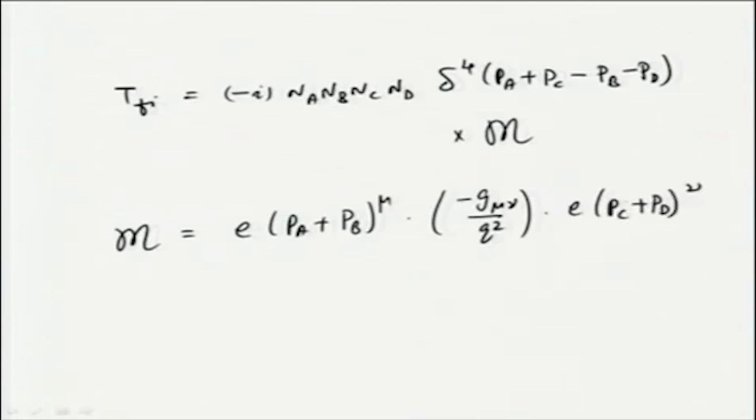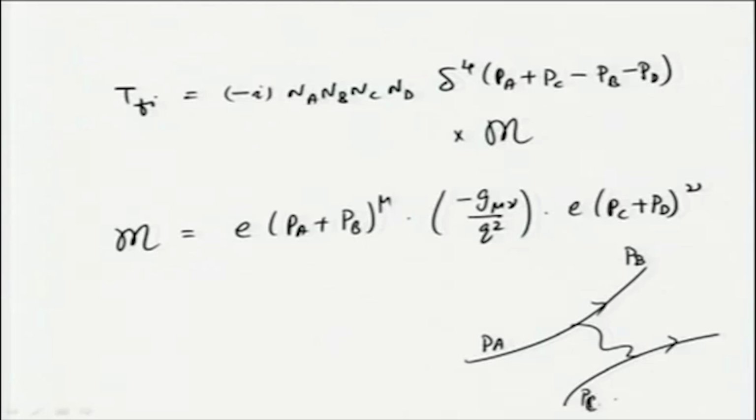Let us stare at it for some time. What is this? This is the transition amplitude for a particular interaction, given by a particle with momentum p_A going to a particle with momentum p_B after interaction with another particle with momentum p_C, which will go to a particle with momentum p_D. The charges on each of these particles are e, and the momentum transfer is q.